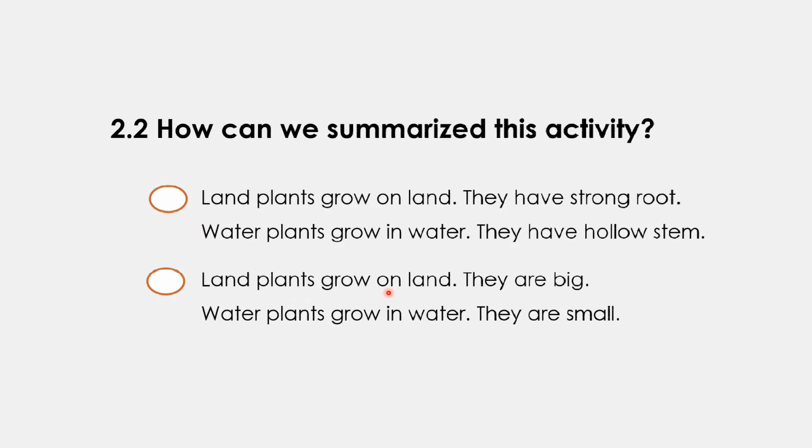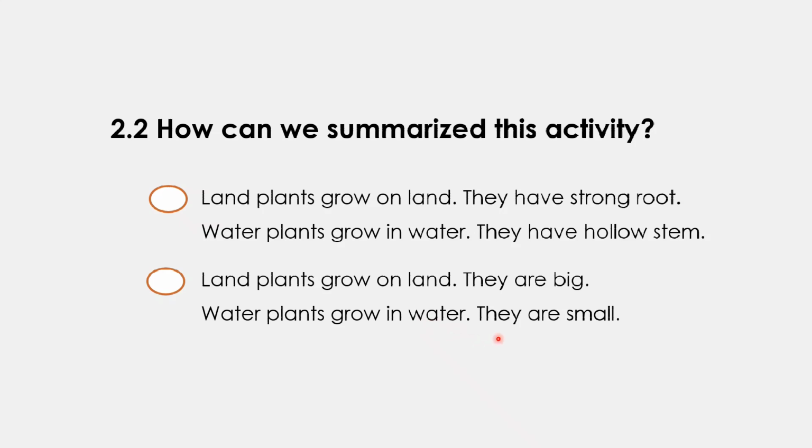Land plants grow on land. Is it correct? Yes, it's still correct. They are big. Is it correct? Yes. There are some land plants which are big, and there are also small ones. How about this one? Water plants grow in the water. Is it correct?